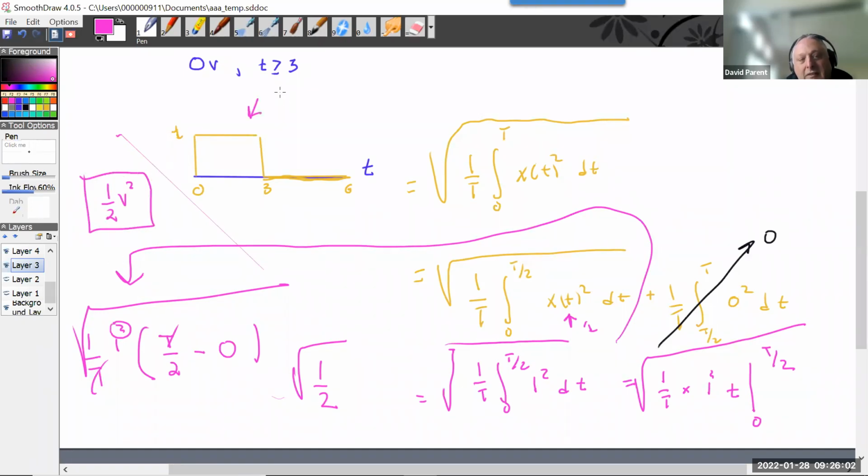The average of this is just 1/2 volts. So in the conversion back, we're getting actually more power in that signal than one would expect.